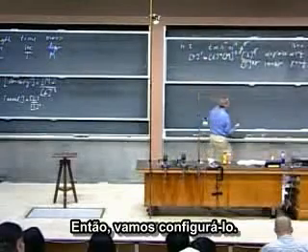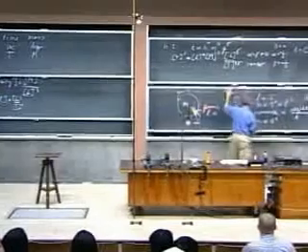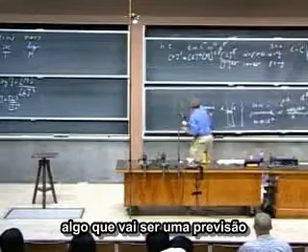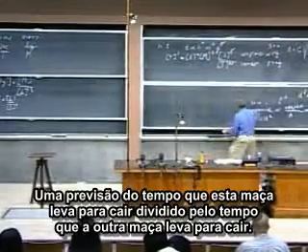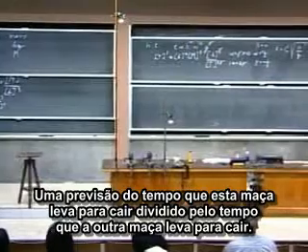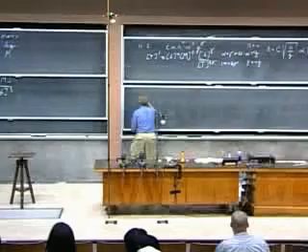So let's set this up. I have here something that's going to be a prediction of the time that it takes for one apple to fall divided by the time that it takes for the other apple to fall.